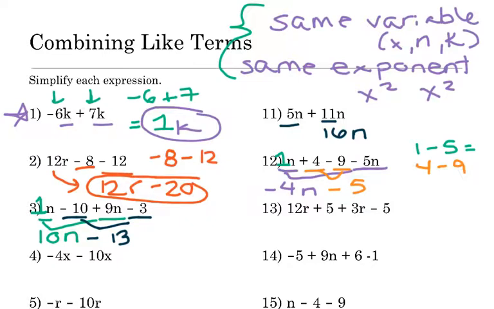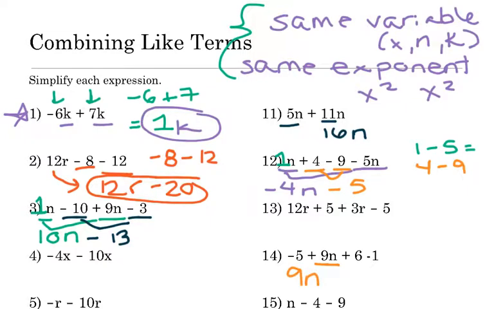13 pretty much looks exactly like 12 and 3 that we did. Pretty much most of them are going to look the same from here. I do notice if you look at 14, that is one that happens to be a smidge different, because despite having 4 terms, only one of those terms has an n. So it actually can't be combined with anything. So that's going to come down.